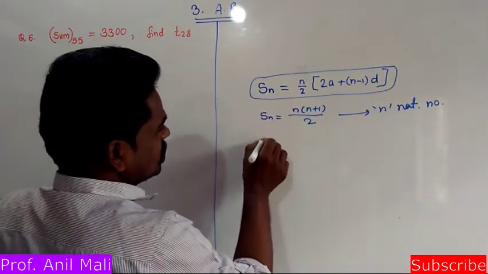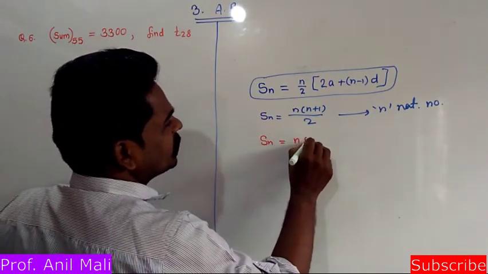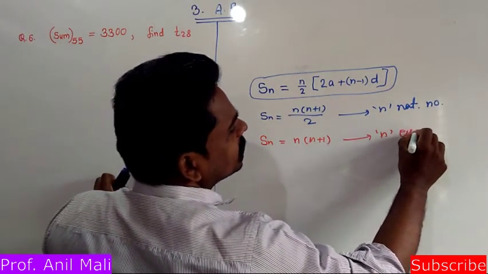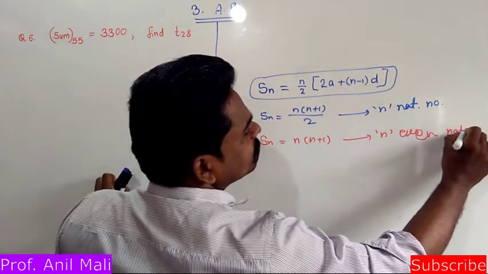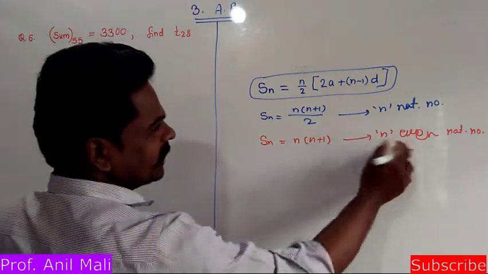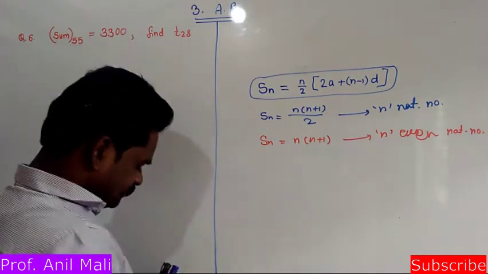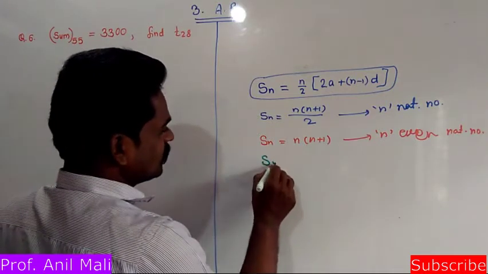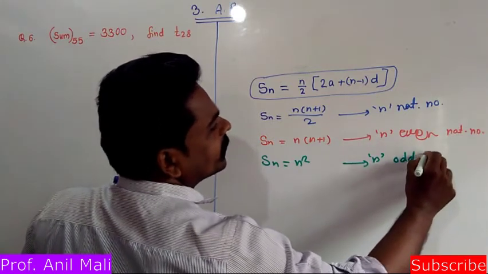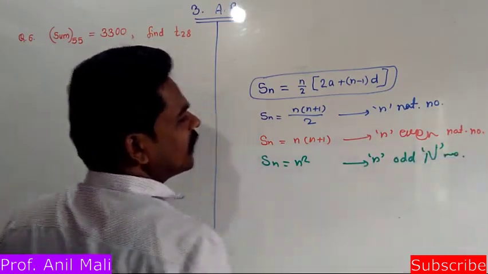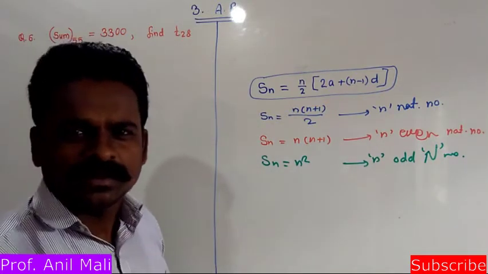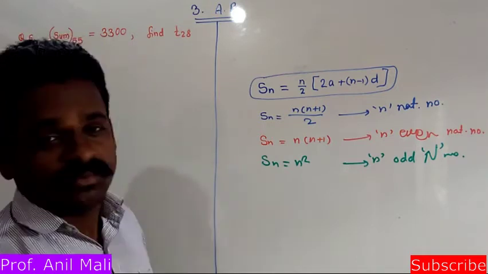After that, Sn is equal to n into n plus 1 for n even natural numbers. Then Sn is equal to n square for n odd natural numbers. So those were the formulas for the sum of first n terms.